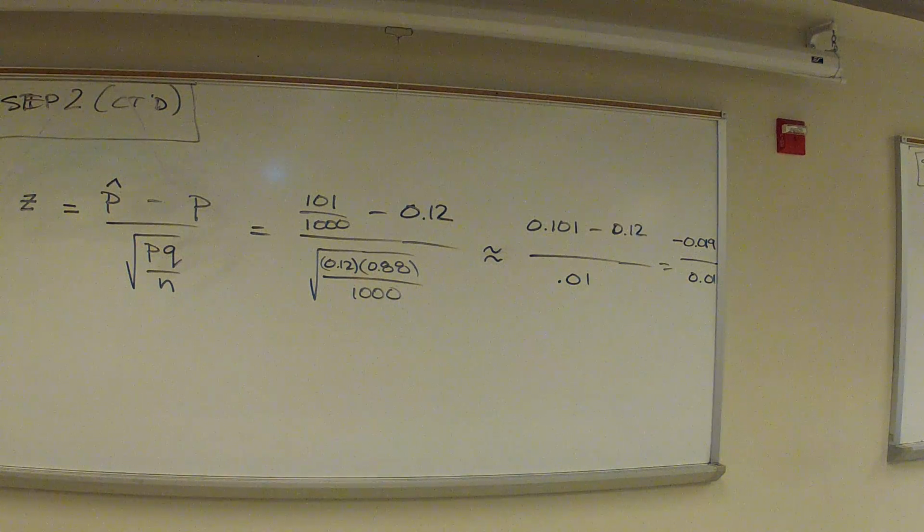I end up, oops, hang on a second, did something wrong, I didn't group correctly. This is why I can't stand doing these things manually. Just divided by square root, there we go, 0.12, 0.88 divided by 1,000. There we go. I get negative 1.85.